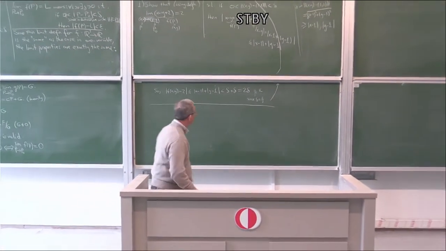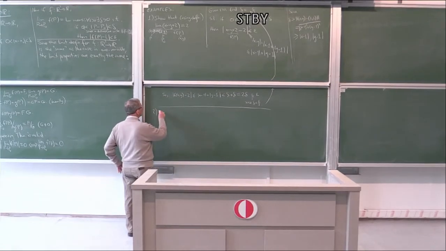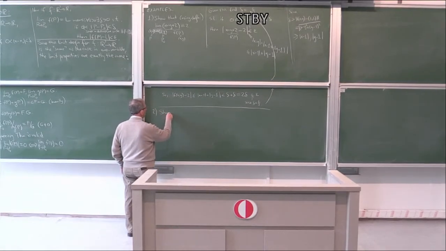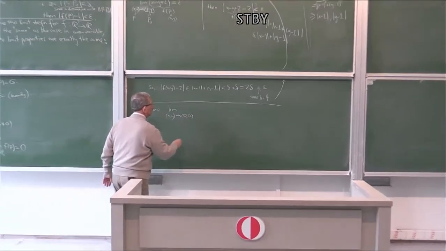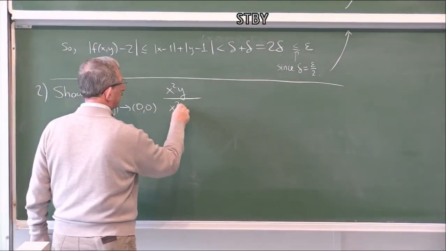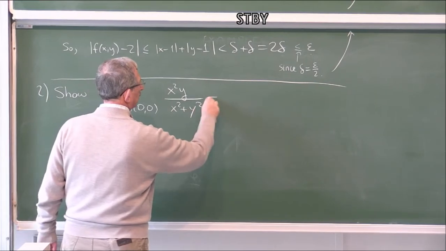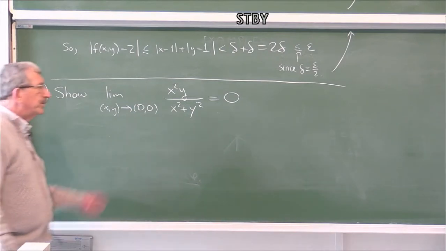As a second example, let us show that the limit as (x, y) goes to (0, 0) of x squared y over x squared plus y squared is 0. Now we can use the definition.